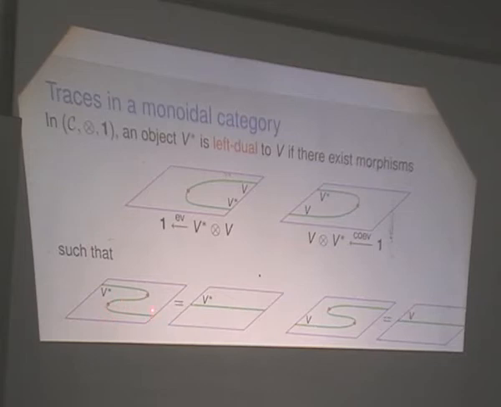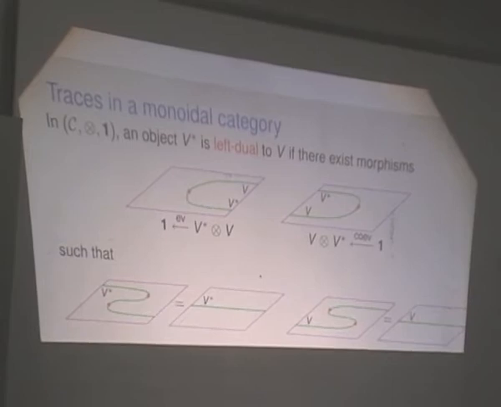So this is going from V star to V star tensor V star to V star, so that's just a map from V star to V star. That should just be the same as the identity on V star, and similarly the other way around, that should just be the identity map. So that's the notion of a left dual in a monoidal category.